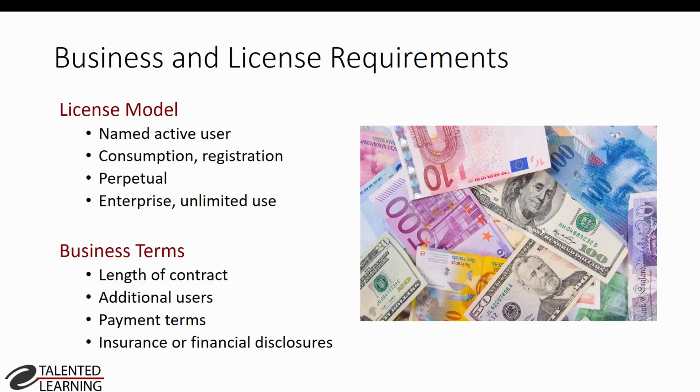And some other business terms to consider are length of contract, what additional users or usage would cost, payment terms of whether you pay up front or as you go after you consume it, and really any financial or insurance disclosures that would be required from your vendor prior to entering into an engagement.